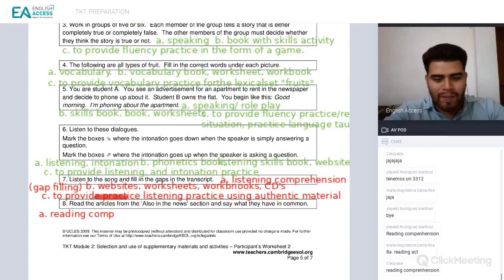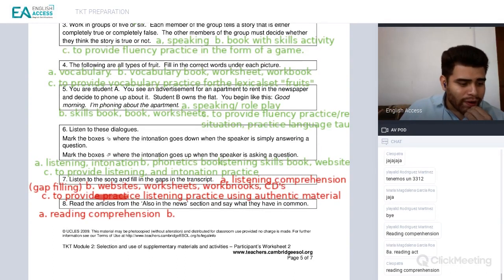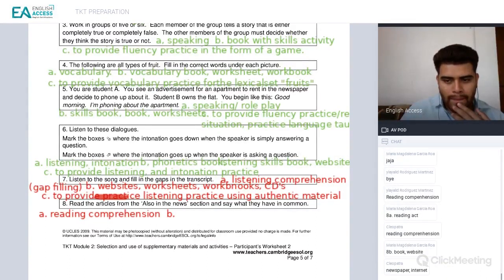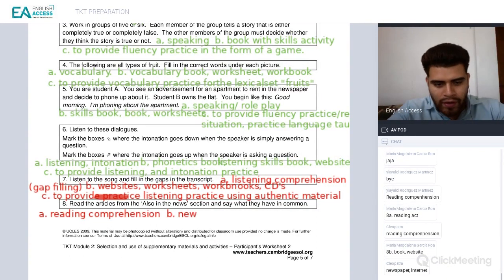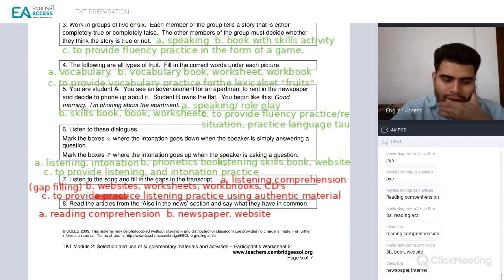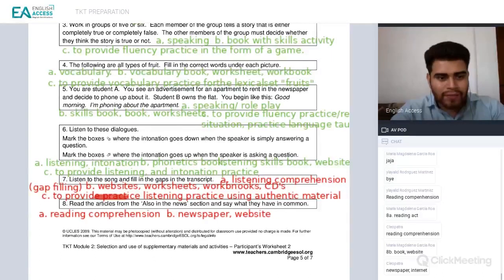Excellent. And where is it from? Okay. Newspaper, website, and sometimes even a magazine.